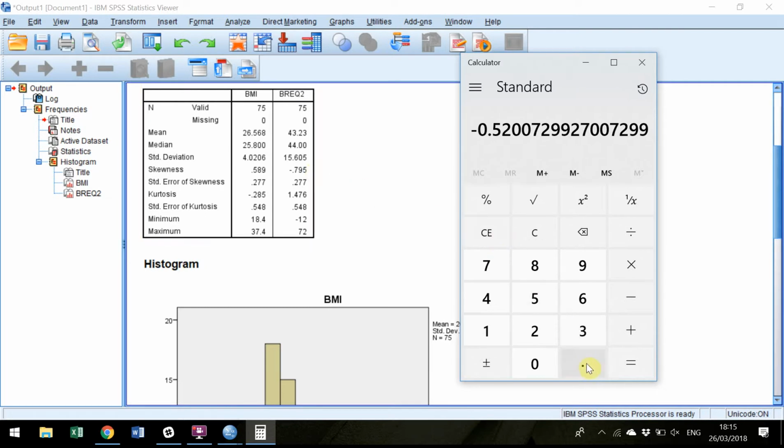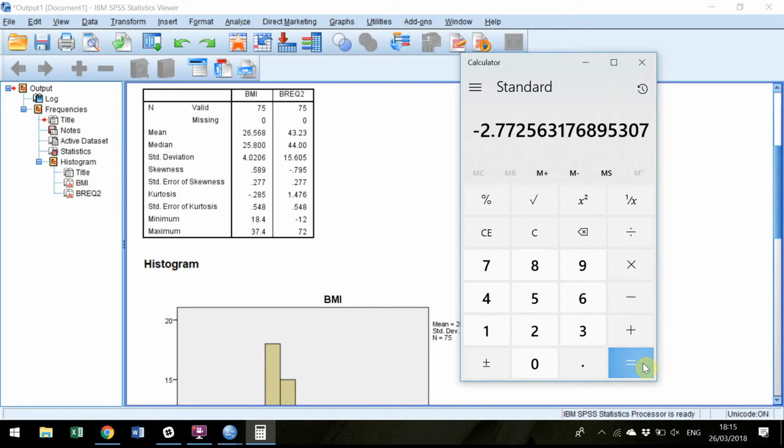We'll do the same again with the skewness for BREC2, and the easy thing to do is to change the decimal and the plus or minus and put an 8 instead of a 7, so let's just cancel that. Divided by 0.277.